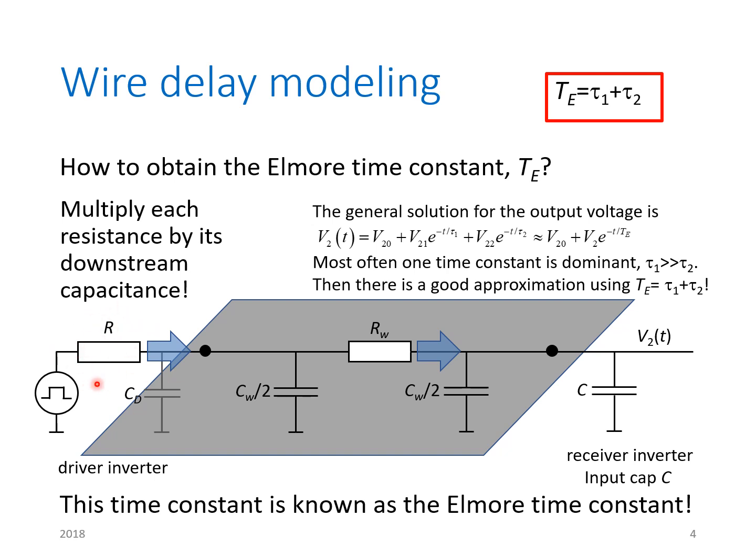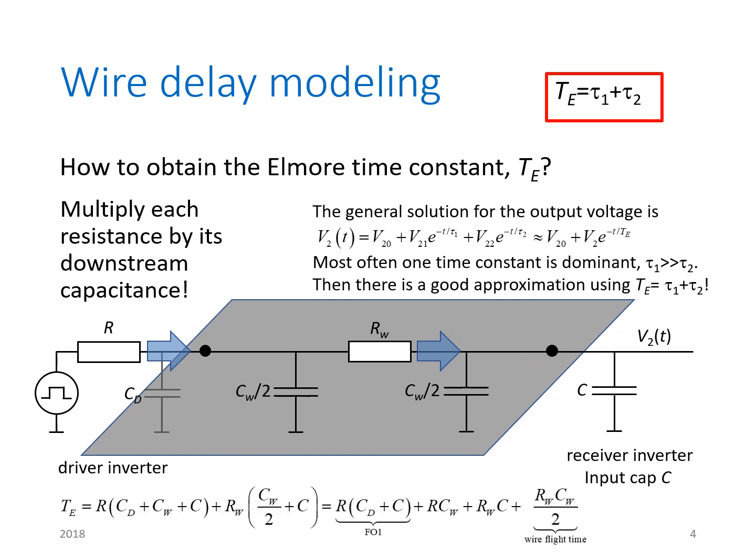Multiply it with its downstream capacitances, which are the parasitic output capacitance, the wire capacitance, and the input capacitance of the receiver. Then we have the first part of the Elmore constant. Then we take the wire resistance and multiply with its downstream capacitance. So we get the rest here.